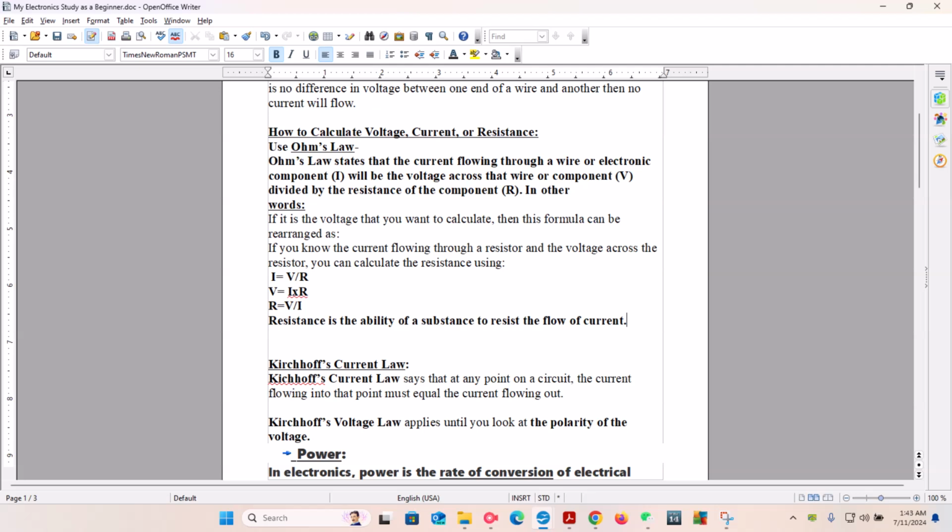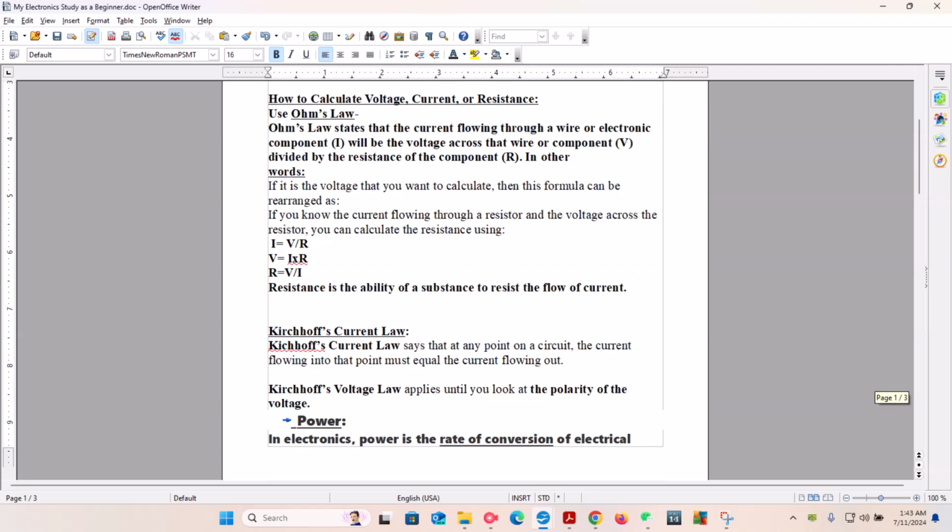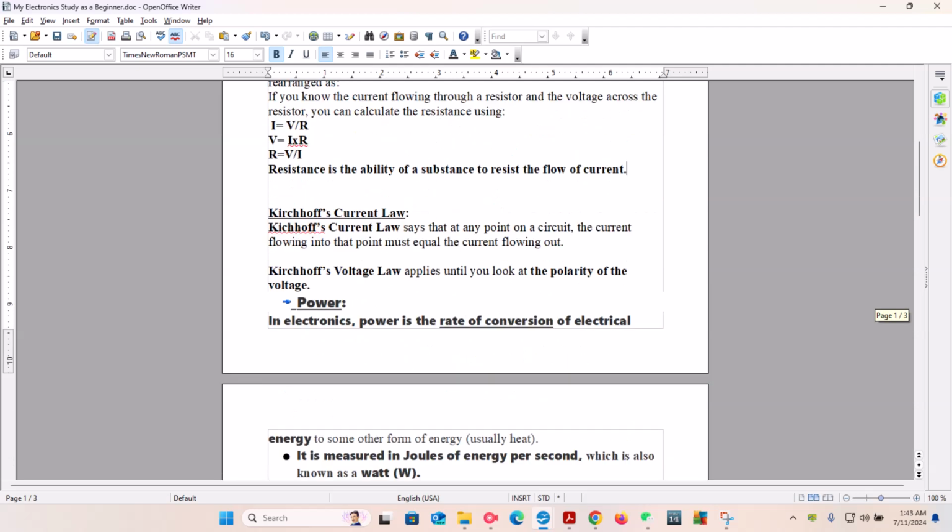Now, Kirchhoff's voltage law applies when you look at the polarity of the voltage. Polarity is the plus and the minus. Those are two opposites, okay? You need the plus and the minus for there to be electricity.